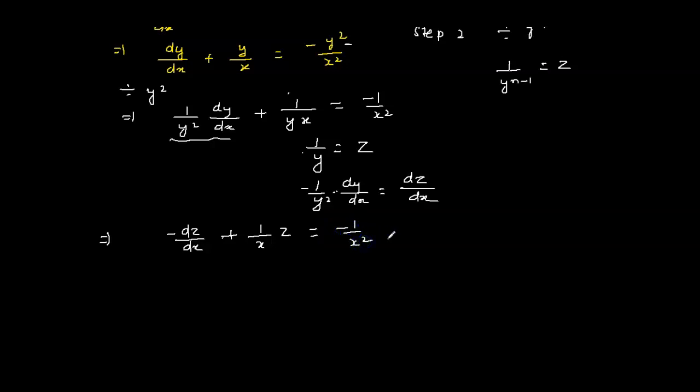This minus should not be there, so I will multiply by minus here. So dz by dx minus 1 by x z is equal to 1 by x square. Any doubt in this?